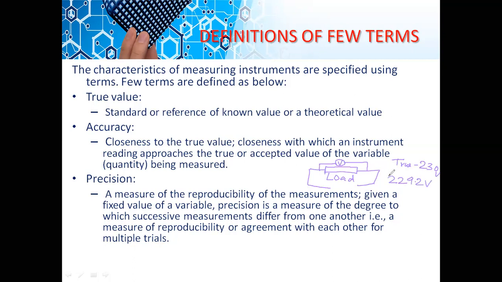That means this 229.2 is really very close to 230, which is the true value of the voltage. It's actually very, very close. So with that, we can say that this voltmeter is an accurate meter. If the voltmeter had shown 220 volts, then accuracy is very, very low. It may not be in the acceptable value range.